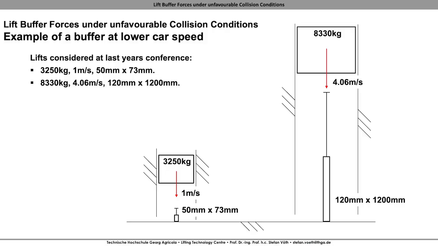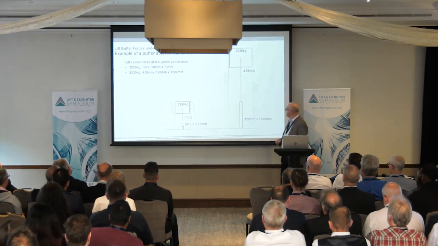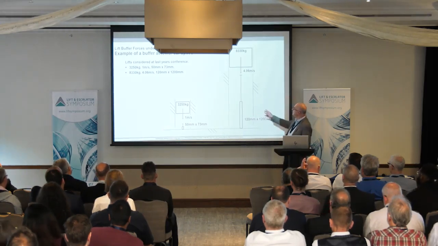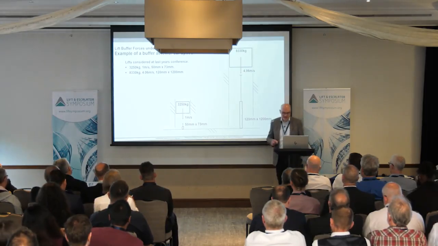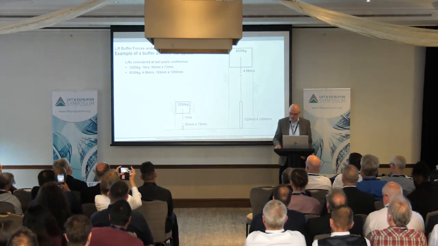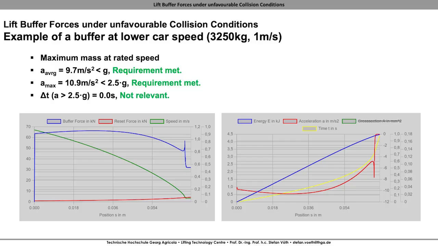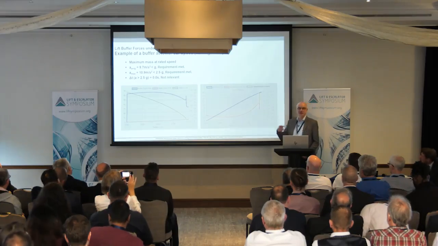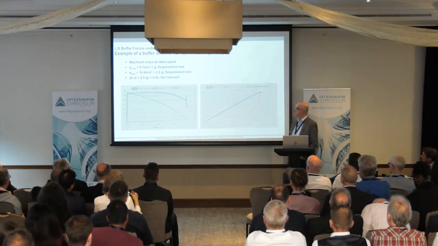Following, I consider exactly the two lift configurations from last year: a smaller lift at smaller speed, and a larger lift at a higher speed of 4 meters per second. For these, I analyzed with my calculation program what happens during impact, and these are more or less the results. So you see a bundle of graphs like this now.